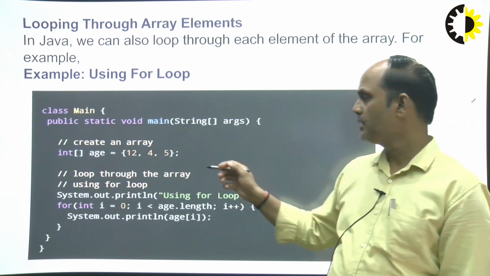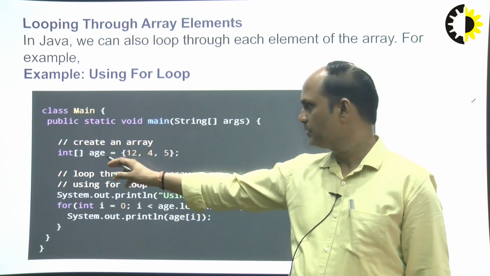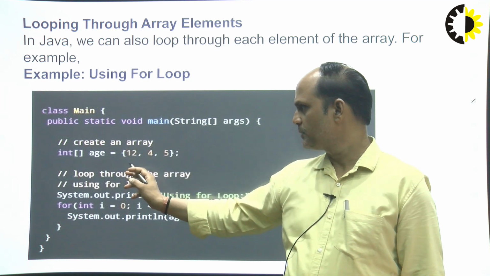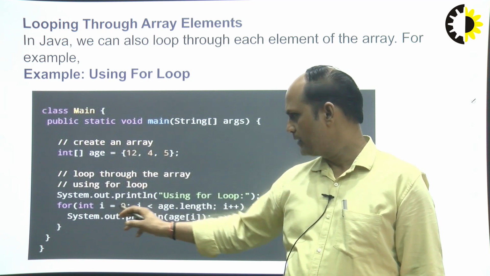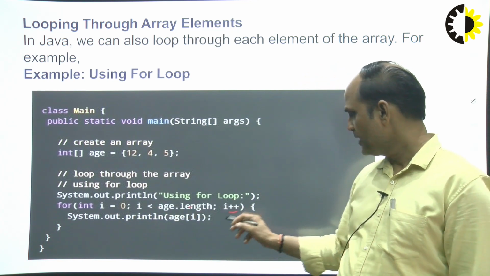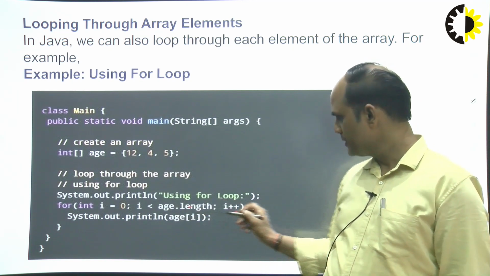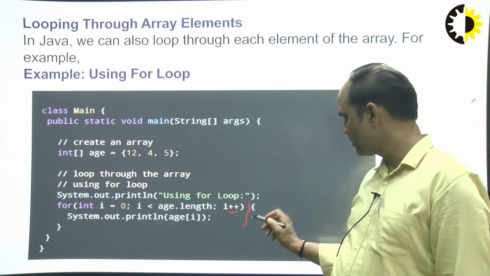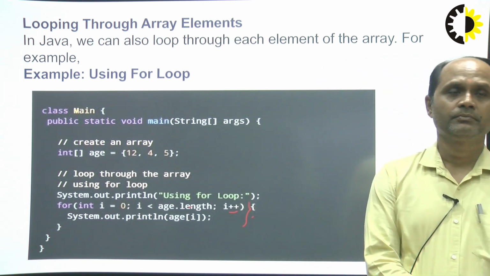We can pass the logic, we can pass the conditions. Suppose we create this particular array, and by using this loop, int i equals 0, i less than age.length, i plus plus, then print age[i]. So these 2 lines of code can replace 5 lines of code.